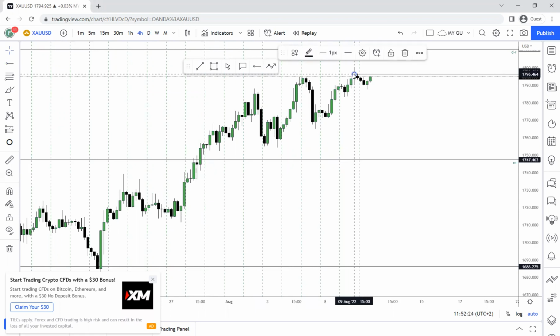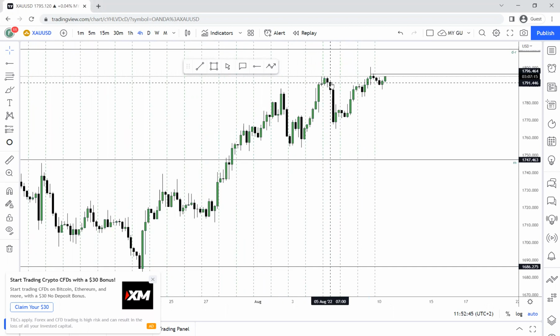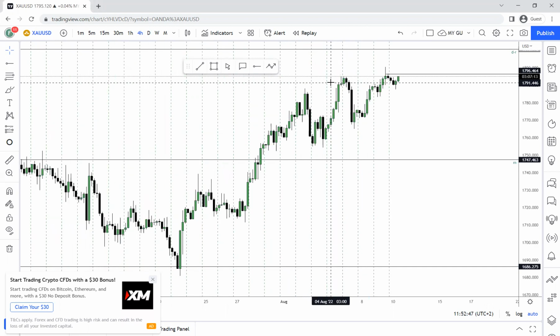Now, remember the support and resistance that you draw on the 4-hour time frame, on the 1-hour time frame, or even on the 30-minute time frames, if you know how to handle support and resistance on smaller time frames, that's also okay. However, remember, these are support and resistance that can always be adjusted when needed.